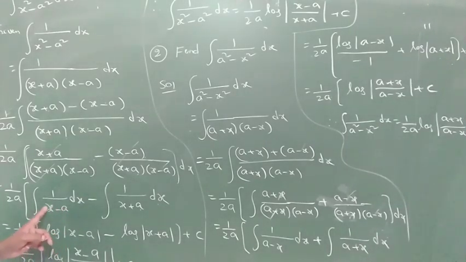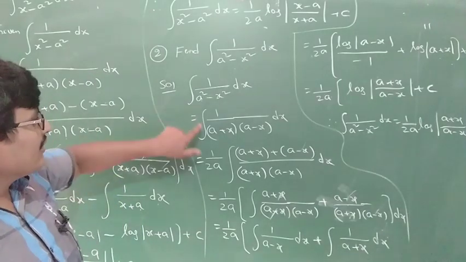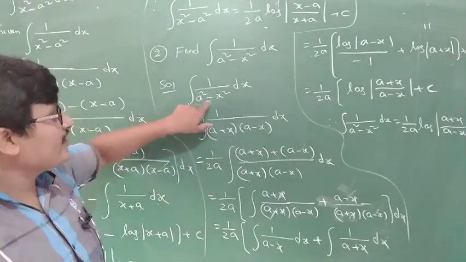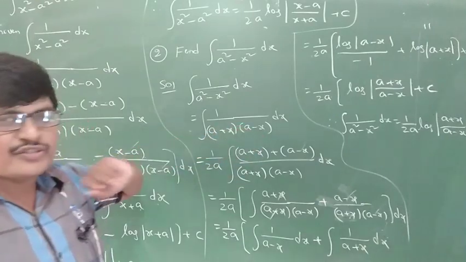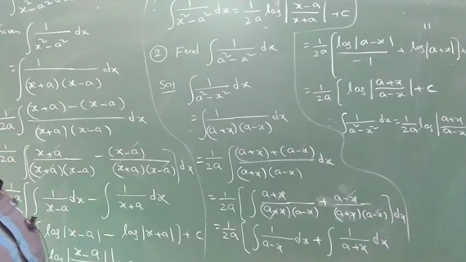The derivative of x minus a is the derivative of x, 1, and of a, 0, same as it is. Log a minus log b is equal to log a by b. Same, first one, second one, same. Here a square minus x square, a plus x into a minus x. A square minus b square is equal to a plus b into a minus b. So here subtraction gives 2a, a constant.